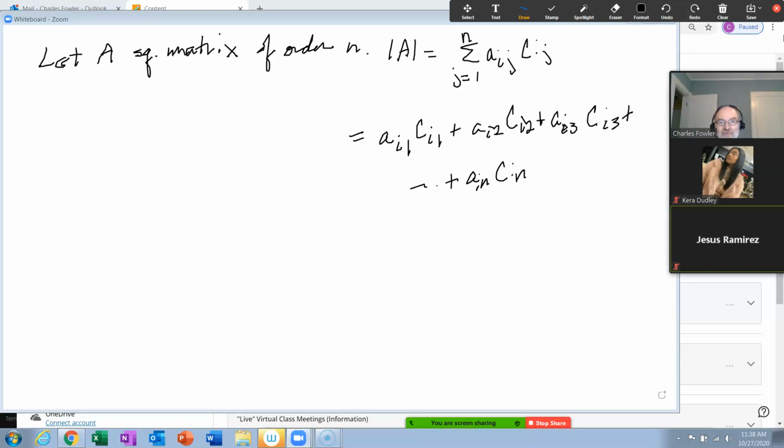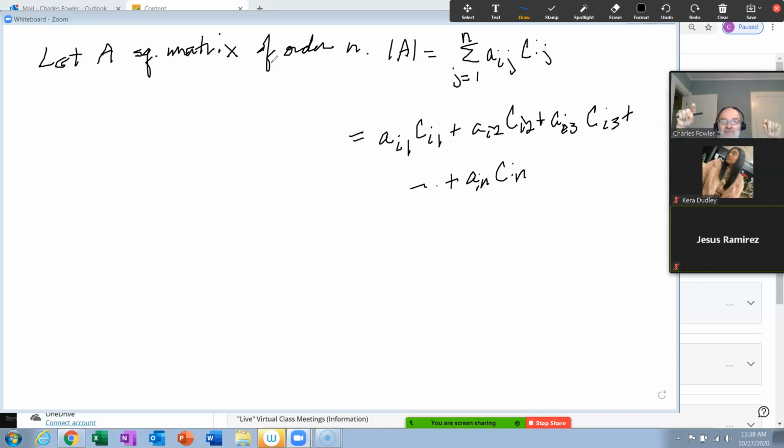Here's what they're showing you. To get the determinant of a square n by n matrix, pick a row. It doesn't have to be a row, but we'll get to that later. They chose the ith row, whichever one that is.